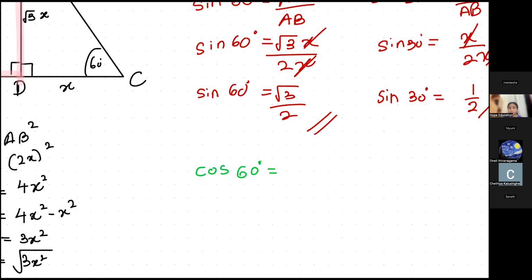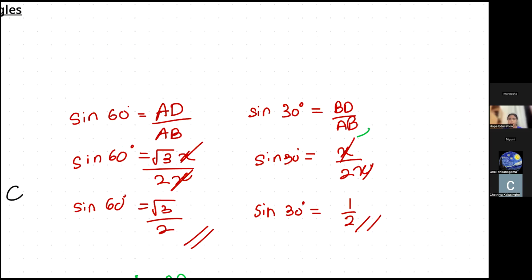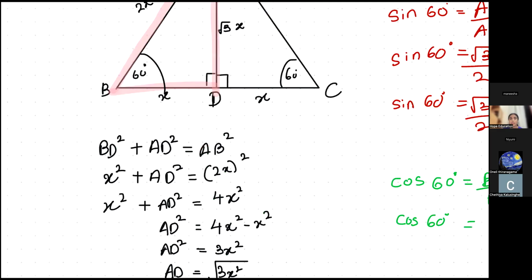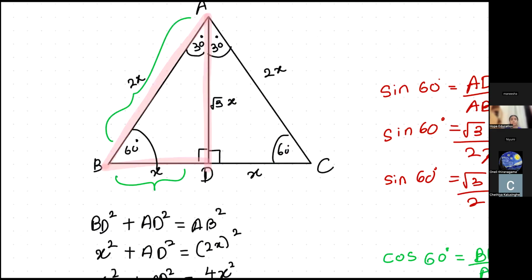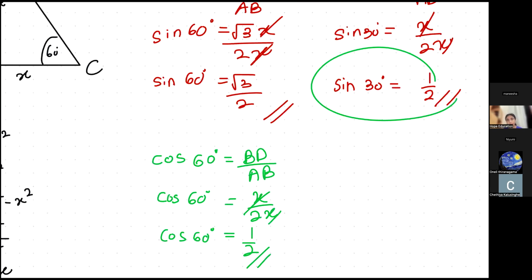So BD over AB, which is the same as the one here. So cos 60 equals BD, which is x, over AB, which is 2x. X divided by 2x, the x cancels, so we get that cos 60 is half. It is the same value as sin 30.